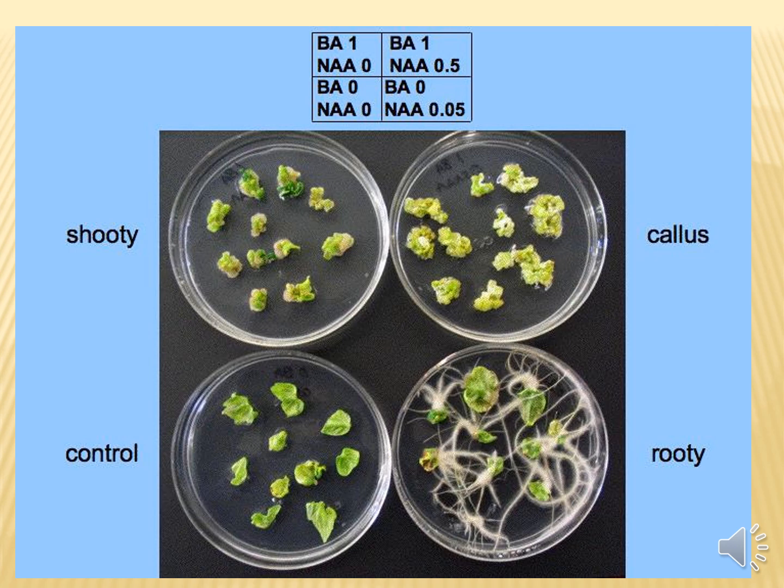Because of that, all the explants will produce a shoot. However, if we look at the rooty explant, they only put BAP 0 and NAA 0.05, meaning they do not have the cytokinin but have only auxin. So they do not produce a shoot but they produce a lot of roots.